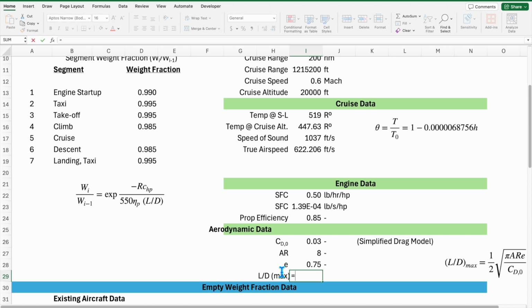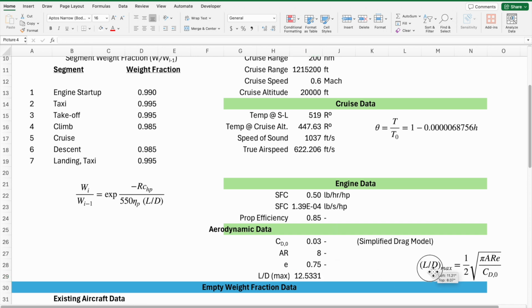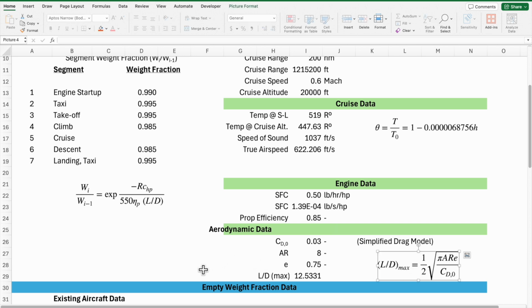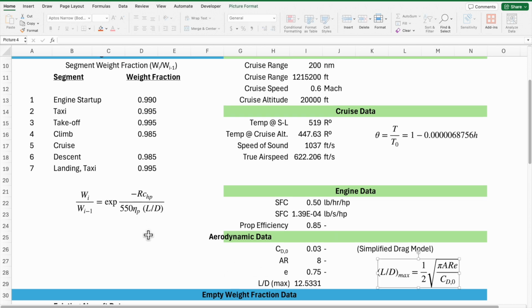And this is going to be equal to 0.5 times the square root of pi times my aspect ratio times my span efficiency divided by my minimum drag. So I get a maximum lift-to-drag ratio for an aspect ratio wing of about 8 and a minimum drag of 0.3 of around 12.5. So a realistic number, perhaps. So I'm going to use that in this relationship here.